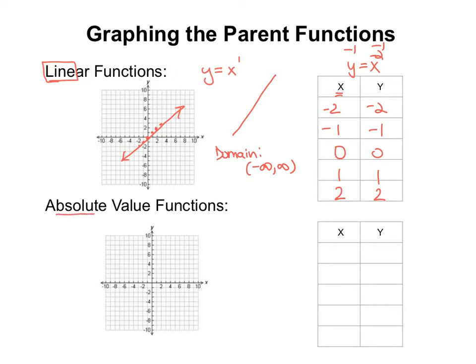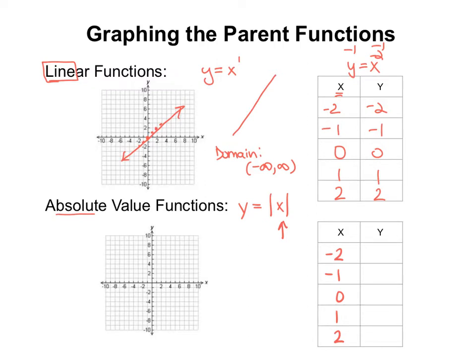Absolute value. What you know of absolute value is that it makes the function positive. You also know the symbol for absolute value is just two lines that look like this. You also know that x can be any number here, negative or positive. So for our x values, we can choose any negative and positive numbers. The smallest ones that we will choose are -2 to +2, just like with a linear function.